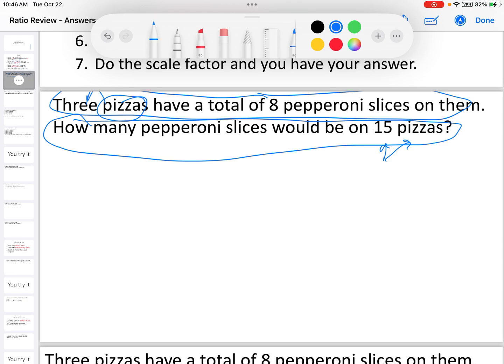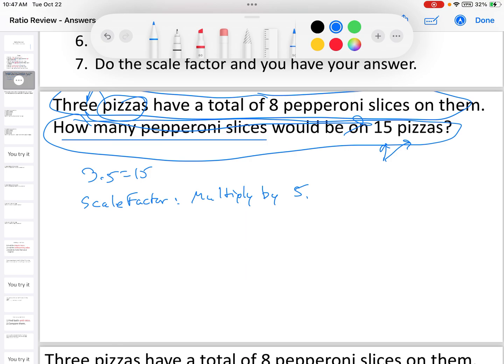Therefore, we have to go from 3 to 15. How do you go from 3 to 15? Well, 3 times 5 is 15. Therefore, our scale factor is multiply by 5.